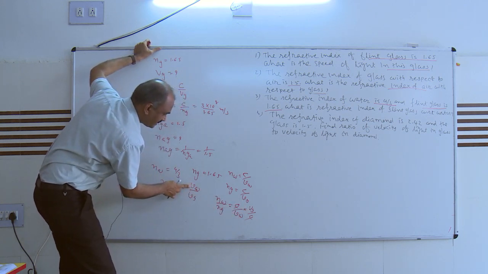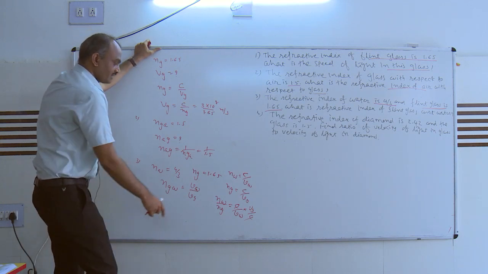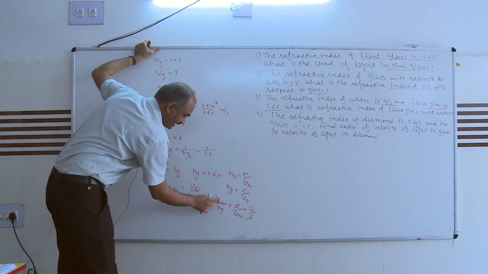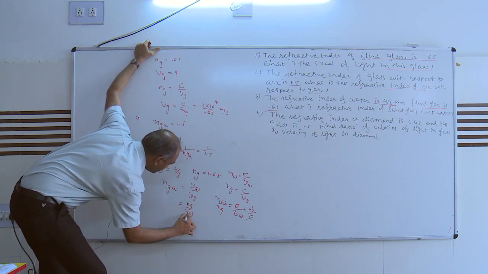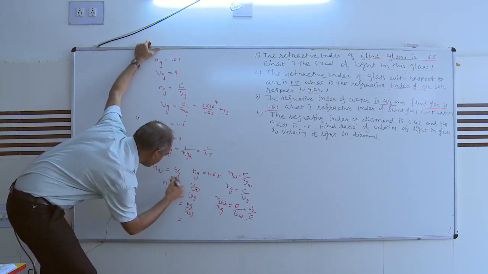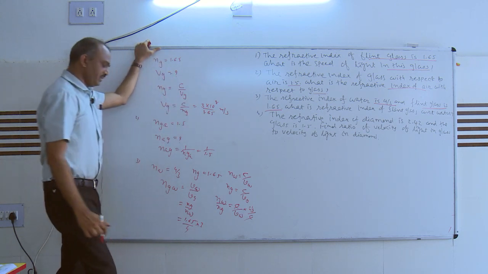Here we require Vw upon Vg. So Vw upon Vg is nothing but Ng upon Nw, which is equal to Ng is 1.65 upon Nw is 4 into 3.